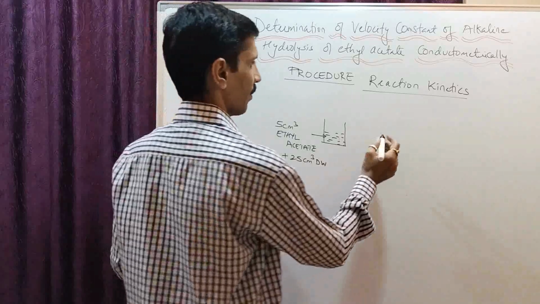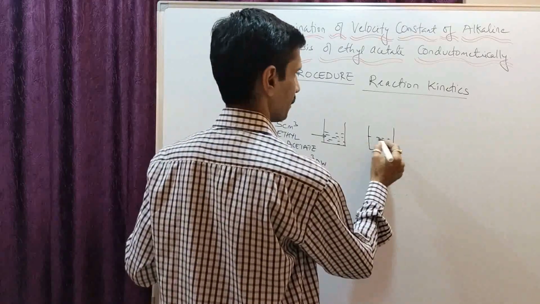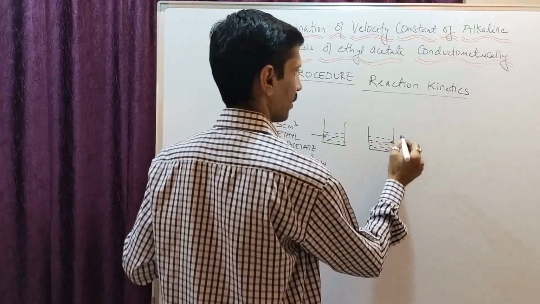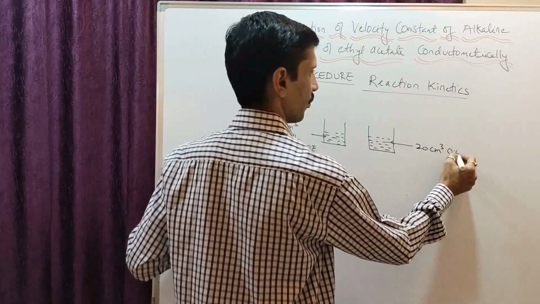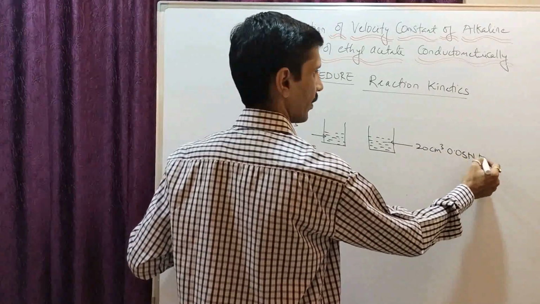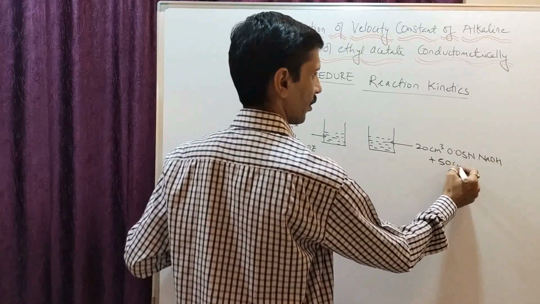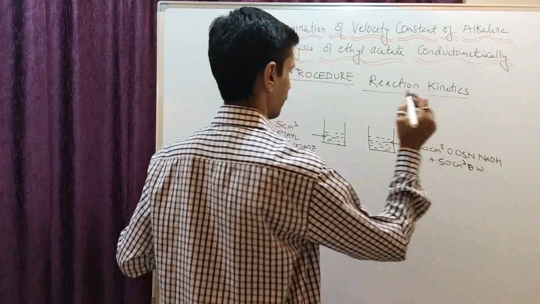We take another beaker, filled with 20 cm cube 0.05 normal NaOH and 50 cm cube of water, and of course it is distilled water.